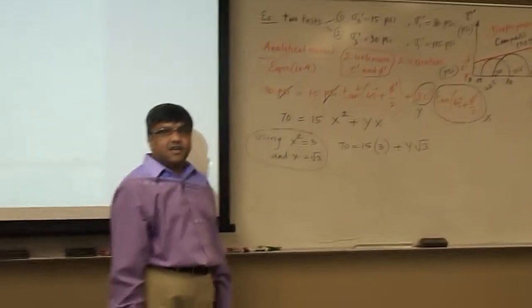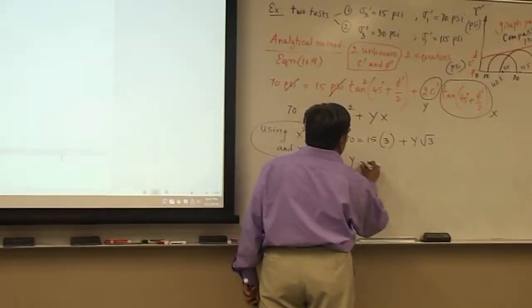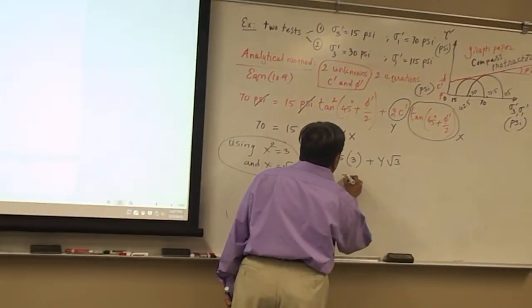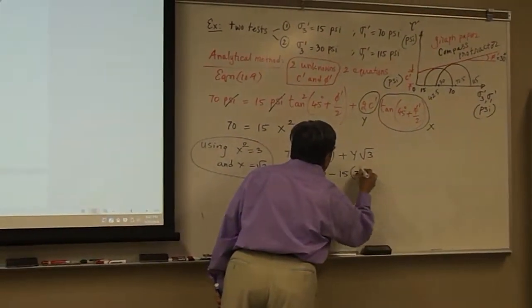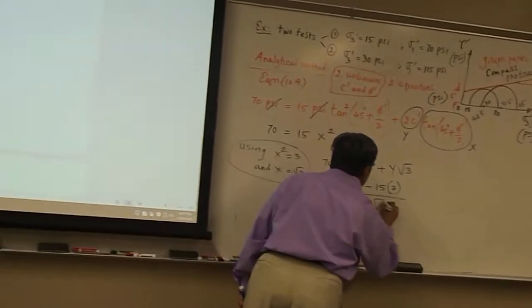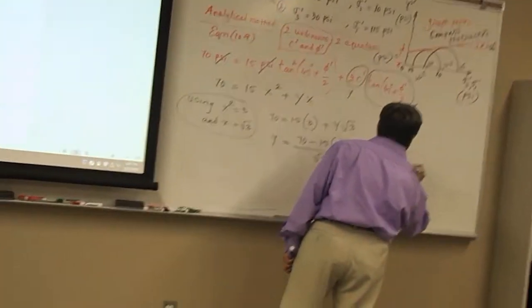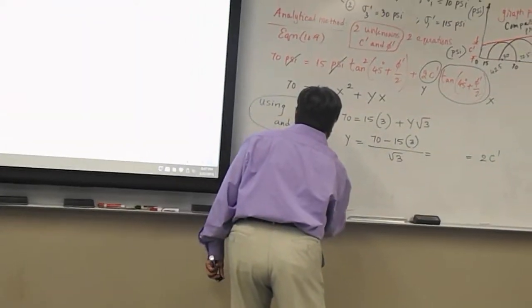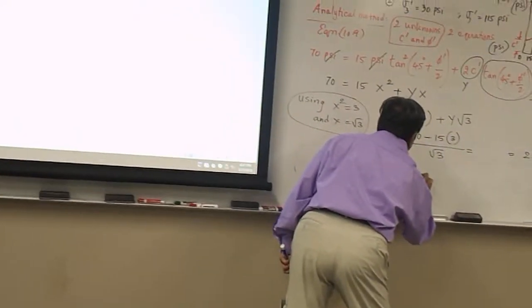Let us get the y value from this: 70 minus 15 times 3 divided by square root of 3, and let us then equate it to 2c prime to get effective cohesion c prime.